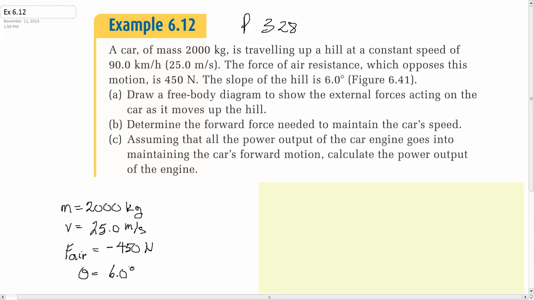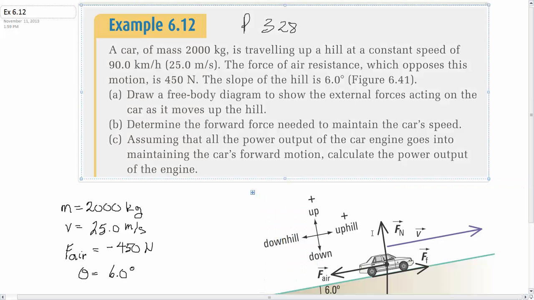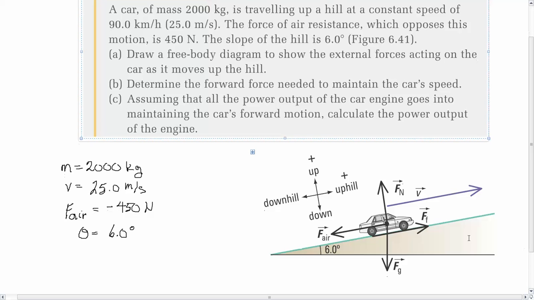And so I'm going to show you the diagram, and we'll take a look at how we draw that. This is the diagram from the textbook. Notice that they've used F subscript F. You probably think of that as the force of friction, but I believe they're referring to that as the forward force.